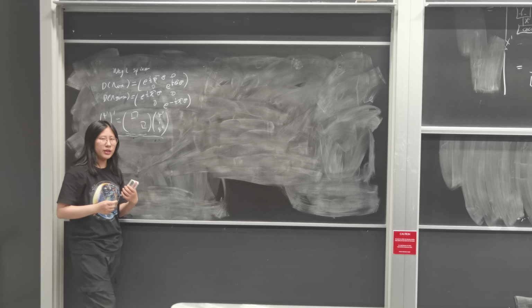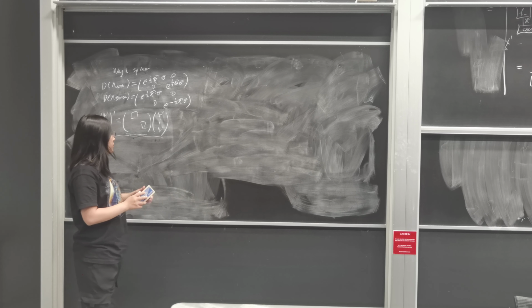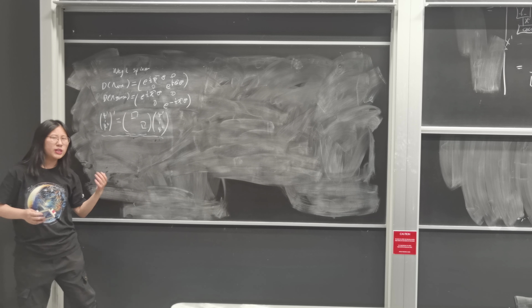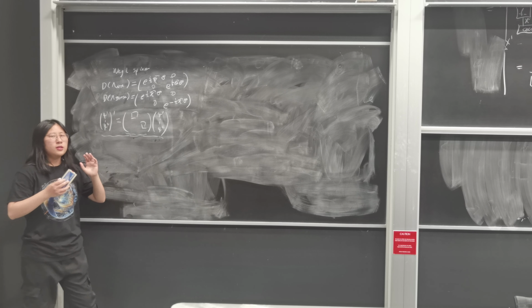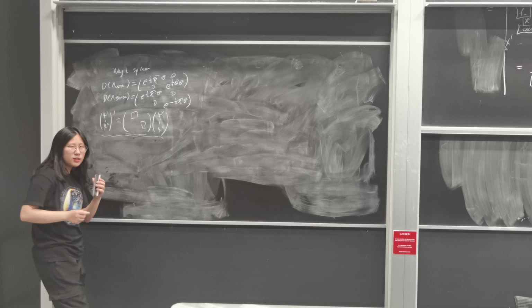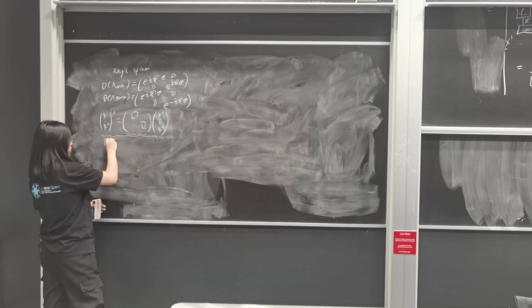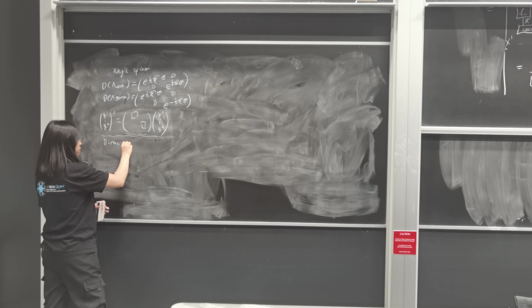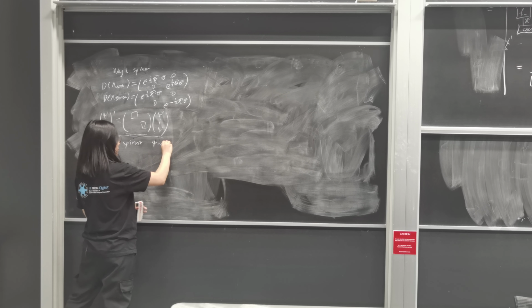So what can we conclude then? We can decompose the Dirac spinor into two-component Weyl spinors. So the Dirac spinor is a 4-component spinor. Let's write it down: Dirac spinor, 4 components.